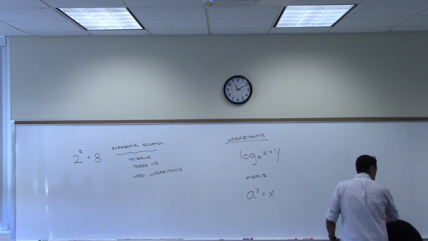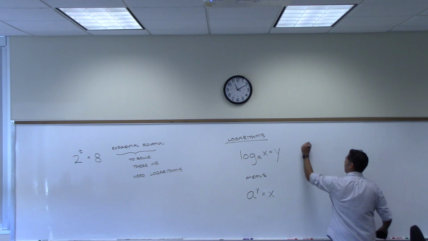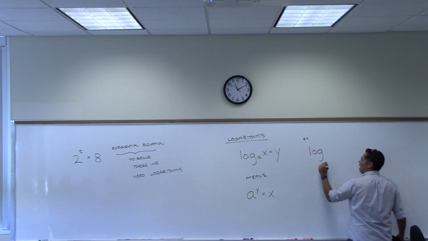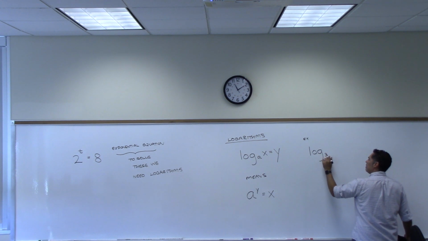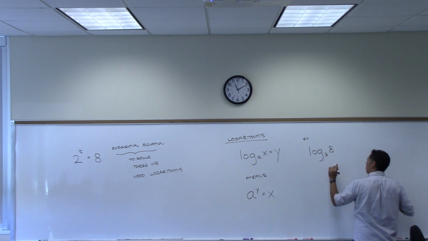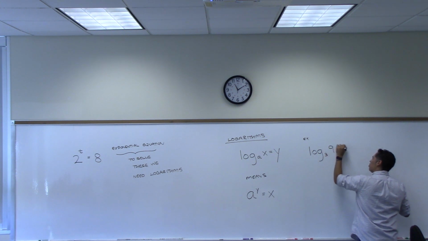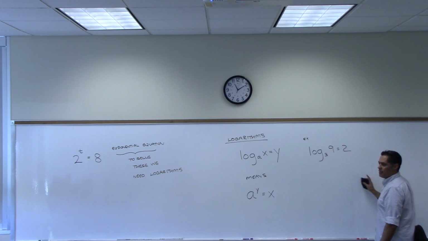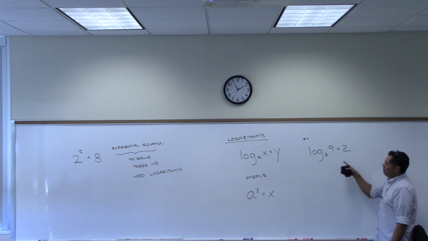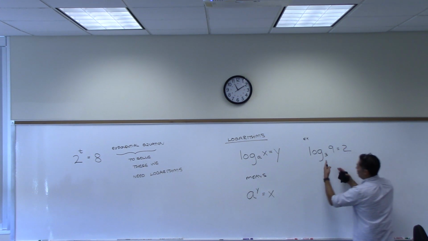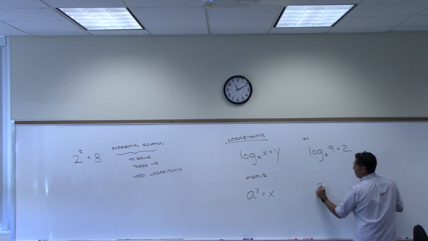So let me show you a specific example next to this. As an example, if I write log subscript 3 of 9 equals 2, like that. Okay, let's see, what does this mean? What's a for us here? 3.